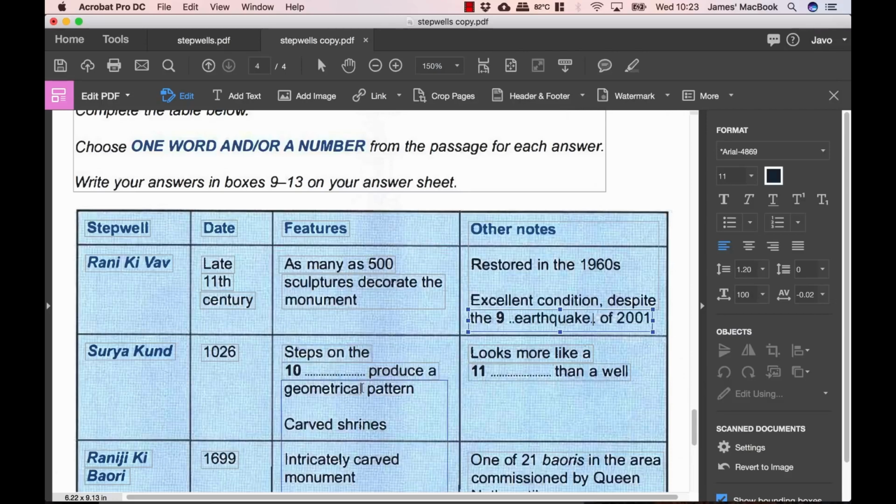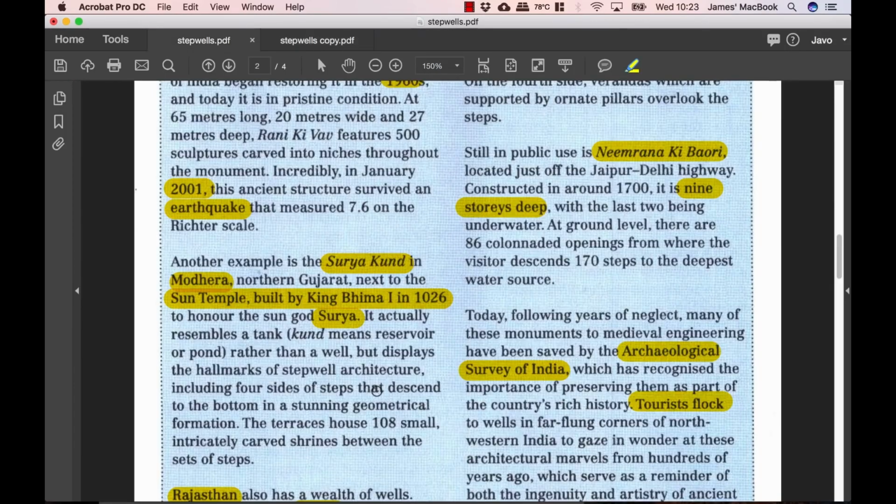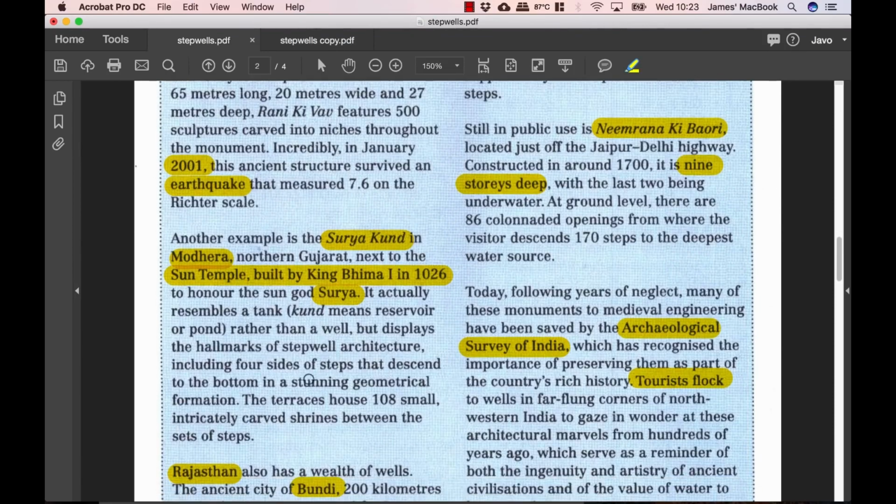Steps on the... geometrical pattern. Geometrical formation. Steps. Sides of steps that descend to the bottom.